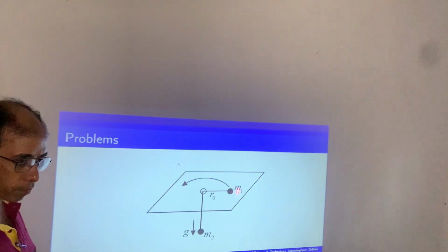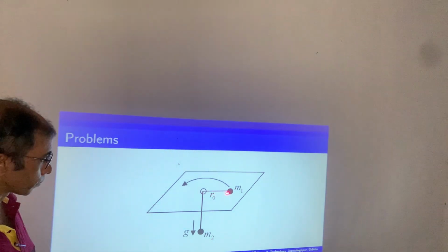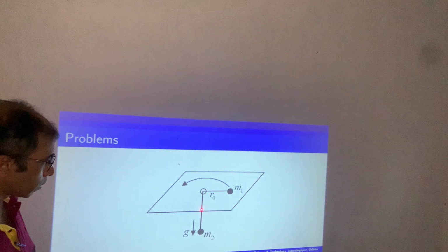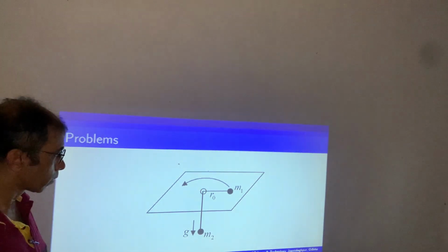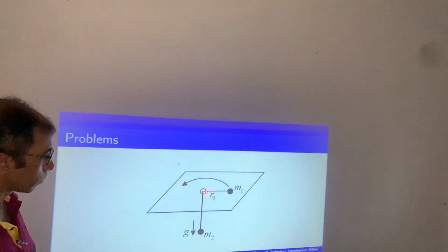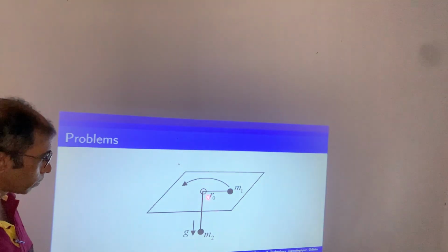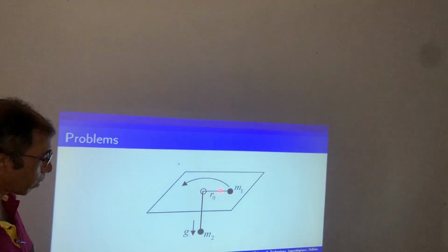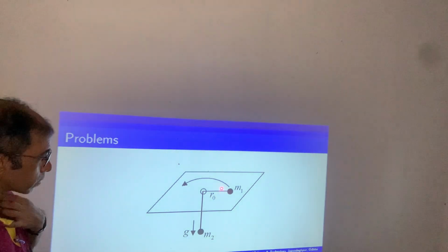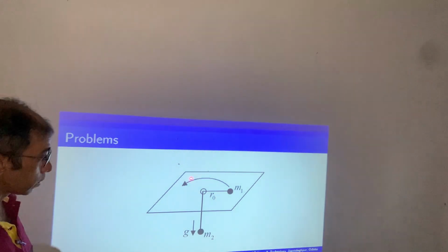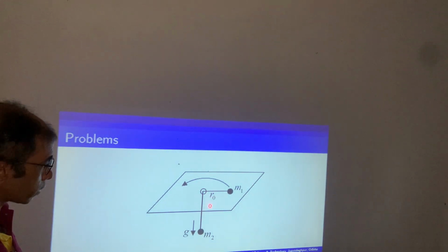This is a horizontal table. So this is a particle of mass m, and here we have a particle of mass m2 that is hanging. So this is a hole, and the particle of mass m is rotating about this hole because of the tension, because of the force from m2.